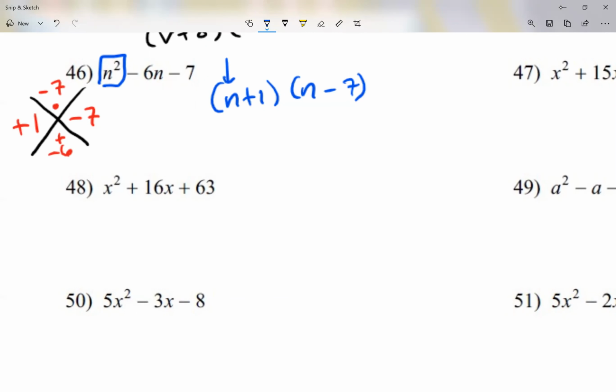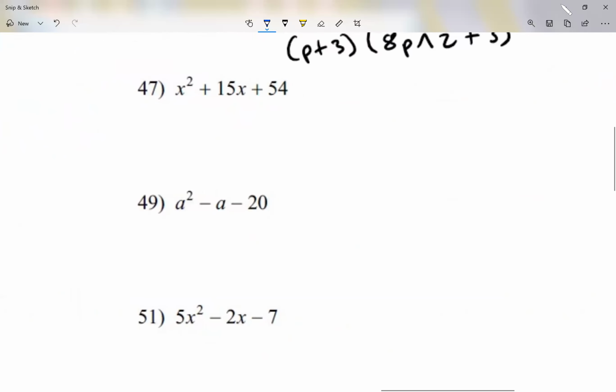I always start with the half. So n squared is n to the 1. And then notice my +1 and my -7, they came from my diamond. Again, the order of the parentheses doesn't matter. So which of the 2 parentheses you write first, it doesn't matter.